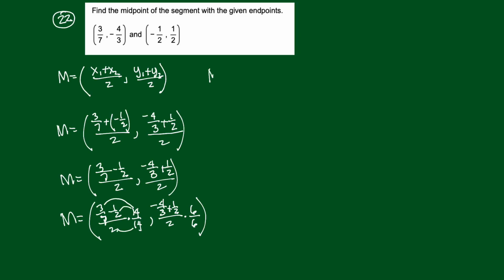So the midpoint is going to be, now, what do you get here? It's 3 over 7 times 14. I'll write every step here. It's 3 over 7 times 14 minus 1 over 2 times 14, all over 2 times 14, right? All I'm doing is this. I look up at this fraction.